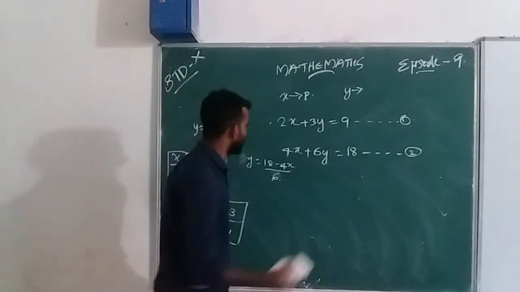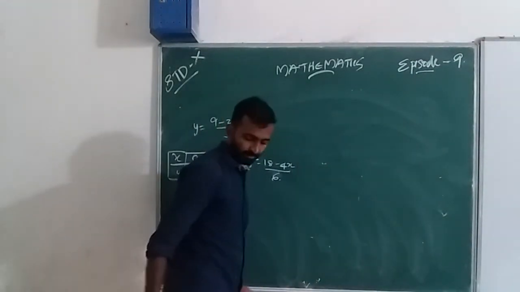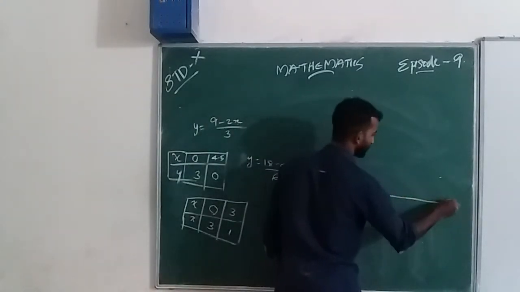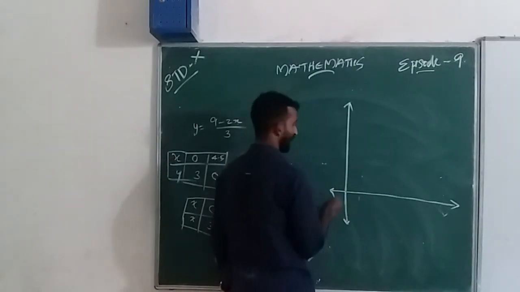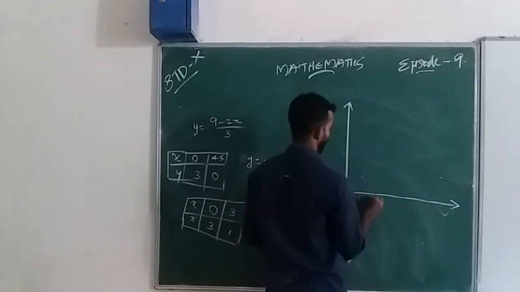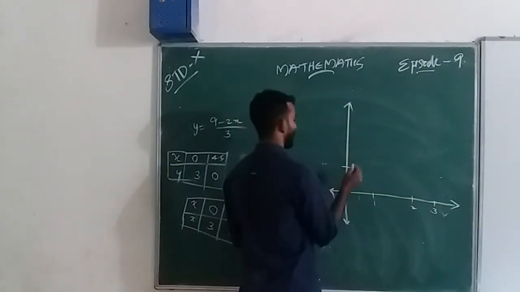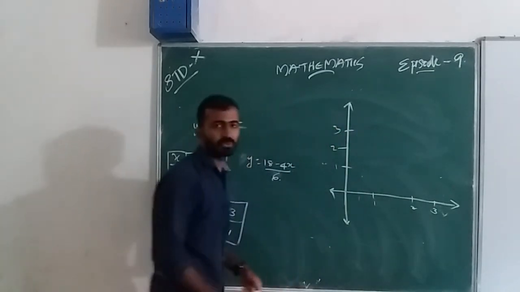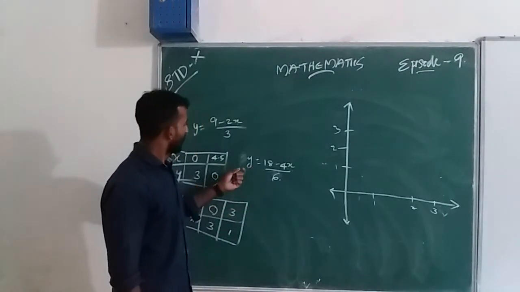For graphical representation we draw the x and y axis, and we can draw points 1, 2, 3 here, and we can start with the values of 4x.